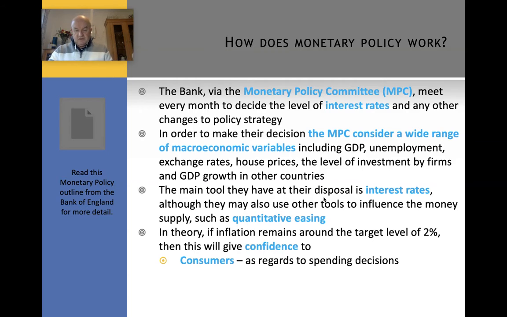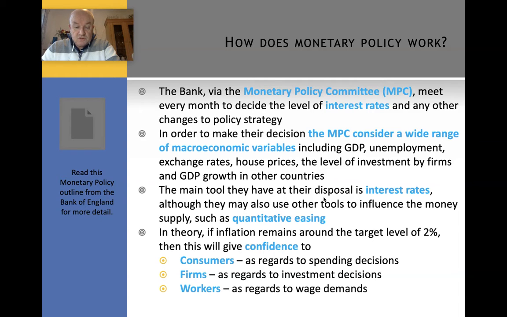So if you can keep it at around 2%, that gives consumers confidence regarding their spending decisions. In terms of firms, it helps them decide on their investment decisions. Again, if there's relative stability in the marketplace and positive consumer and business confidence, that is going to make a difference to economic growth and development.